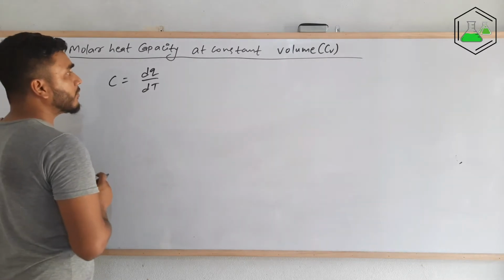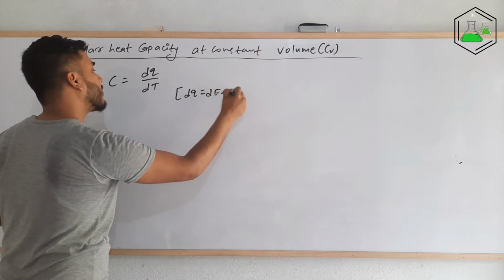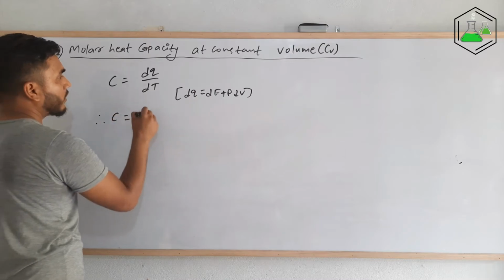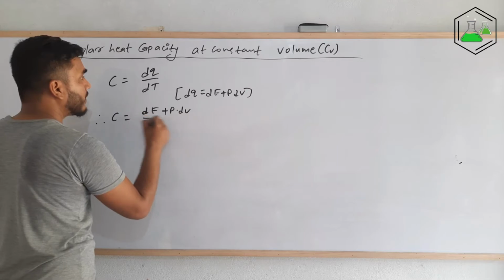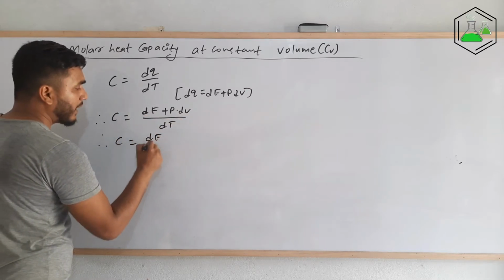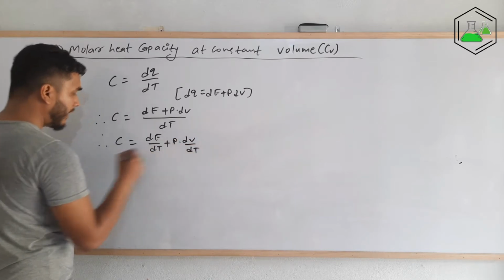And according to the first law of thermodynamics, we know that dQ is equal to dE plus P dV. So we are putting this value over here. This becomes C is equal to (dE plus P dV) by dT. If we separate it, we get dE by dT plus P into dV by dT, right?